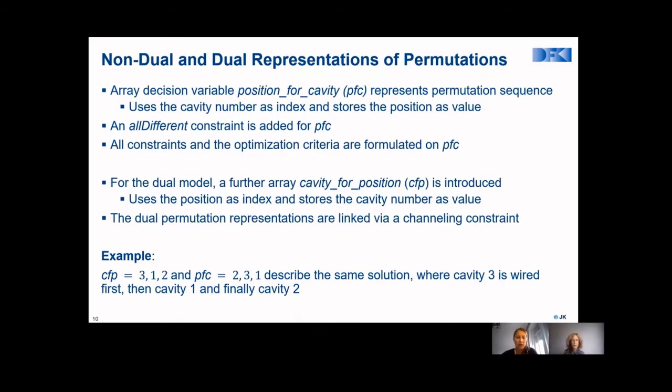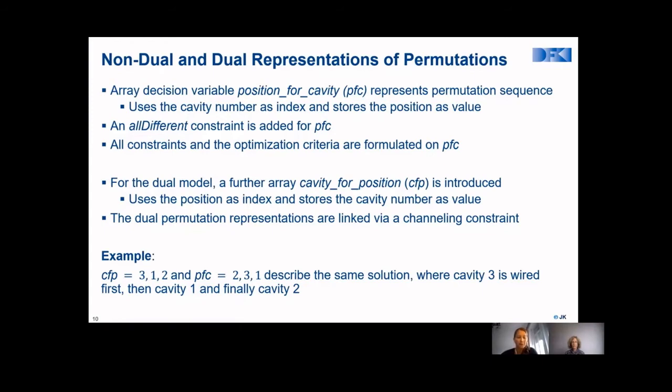And all the constraints, so all the soft and hard constraints and the optimization criteria, are formulated over this array PFC. In the dual model, we then further add another array, cavity for position, which is basically the inverse of the position for cavity array. There we use the position as the index, and store the cavity number as the value.